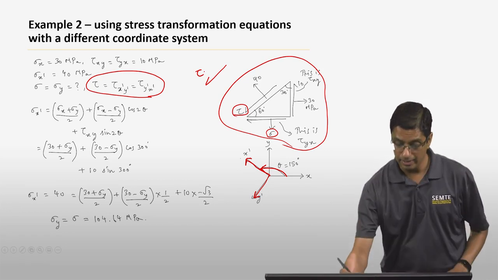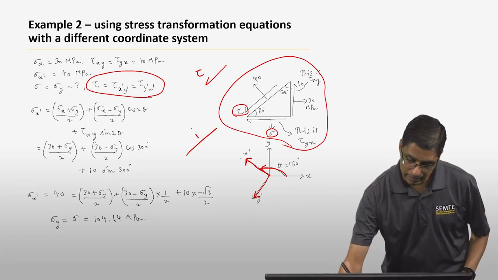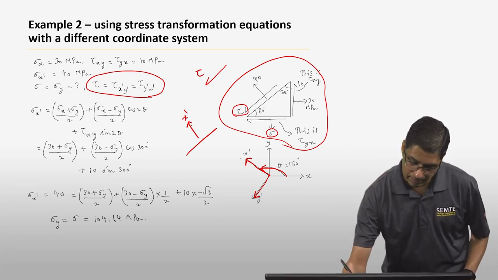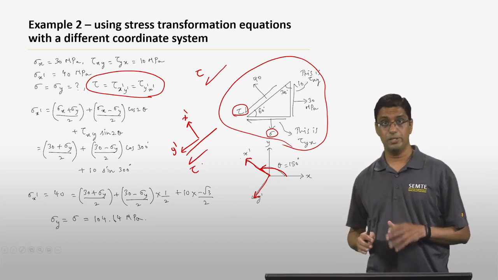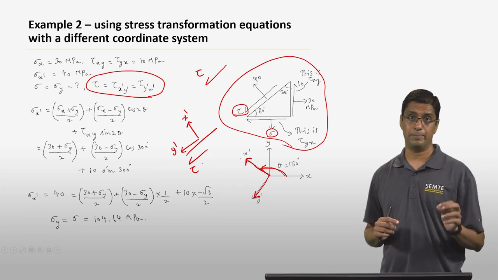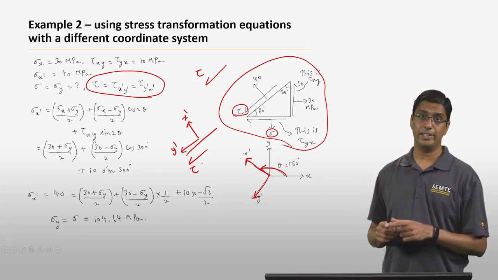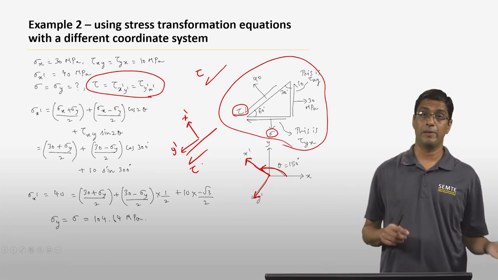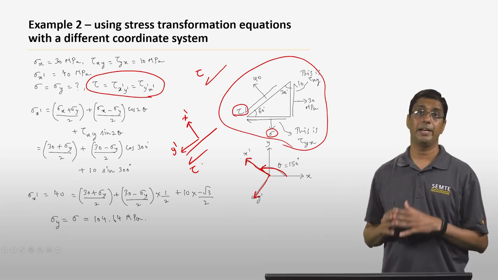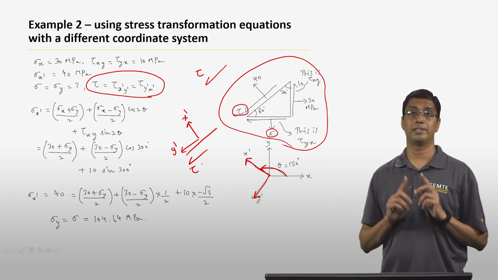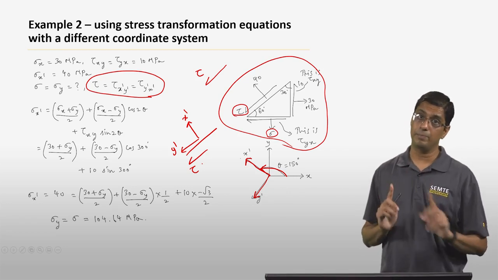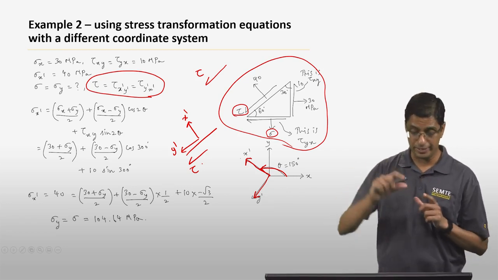For the simple reason that now this inclined plane, that is your x prime axis, that is your y prime axis, and your tau is going this way. So on a face whose normal is the x prime axis, the direction of the shear is along the y prime axis, which means that shear is a positive shear. So in this case, tau is tau x prime y prime, not minus tau x prime y prime, because we have rotated the coordinate system.